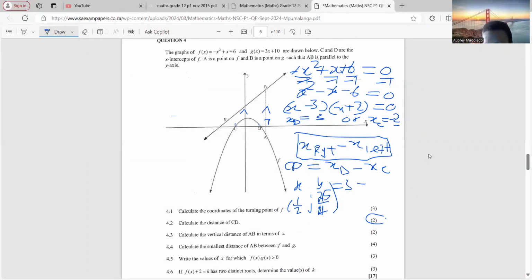We substitute, then it's minus into minus 2. Therefore, it's equal to 3, negative multiplied by negative is +2, which is equal to 5 units.